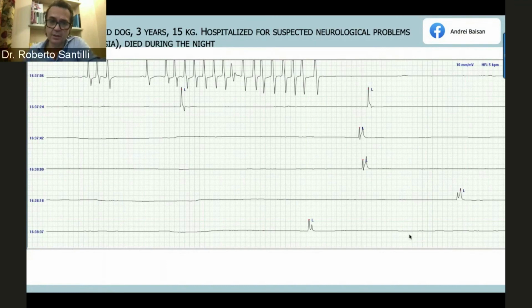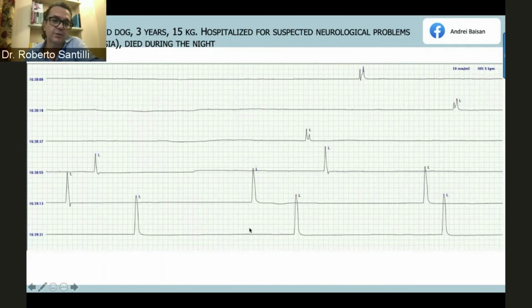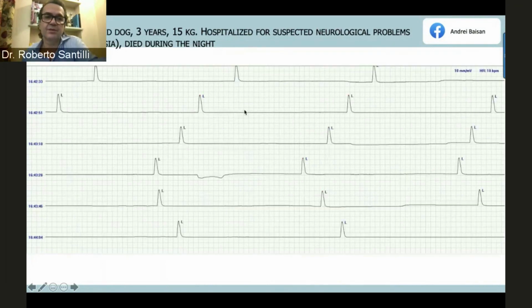And this is the classical appearance of agonal rhythm, just like pulseless activity. And this is the end. With this, it gets wider and wider, no atrial activation. And this is the last part.